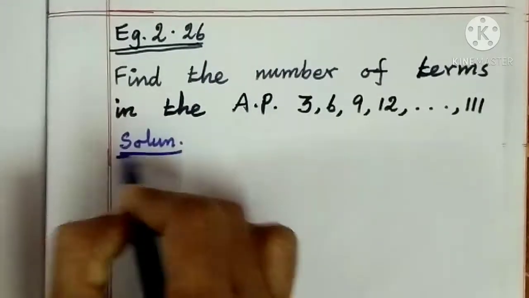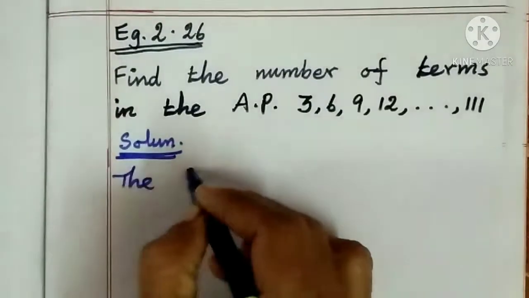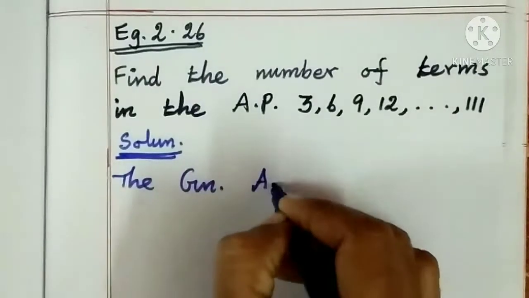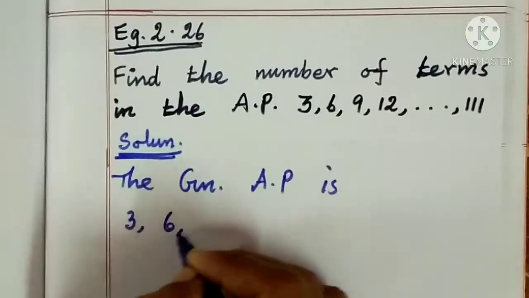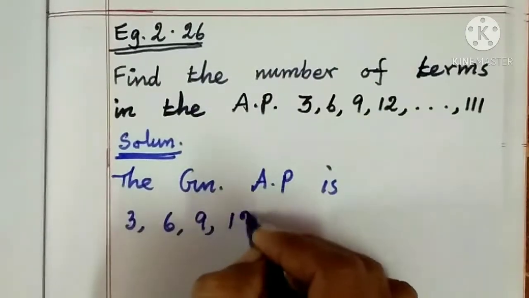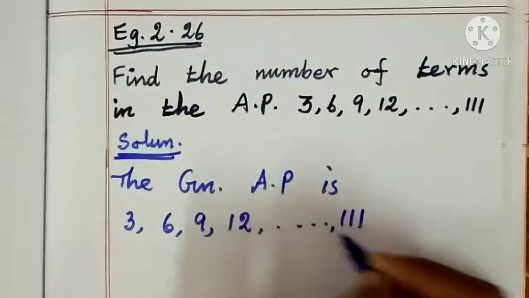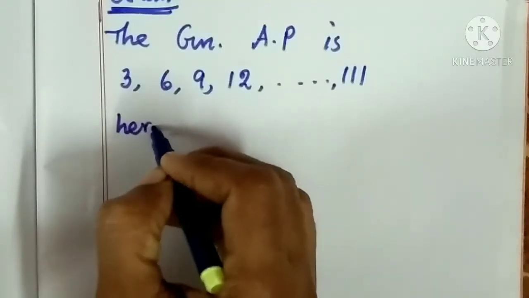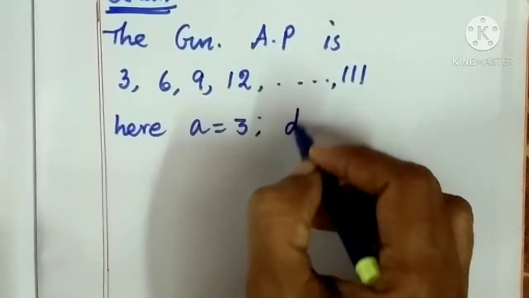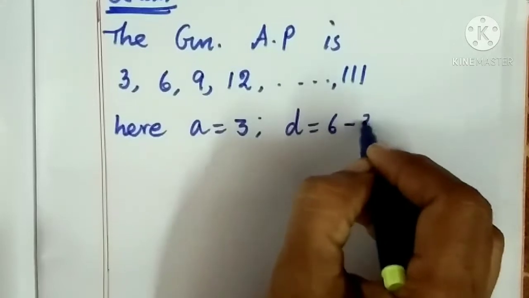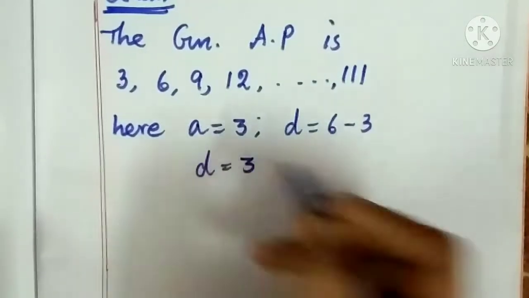In solution, first you take down and write the given AP. The given AP is 3, 6, 9, 12 up to 111. Here a is equal to 3 and d is equal to 6 minus 3, that is d also 3.